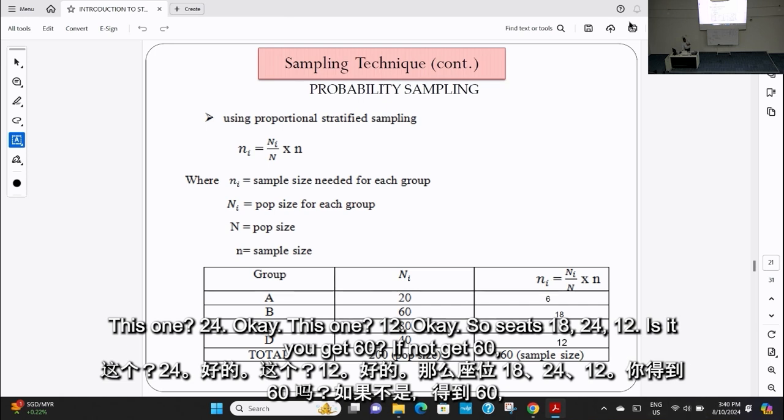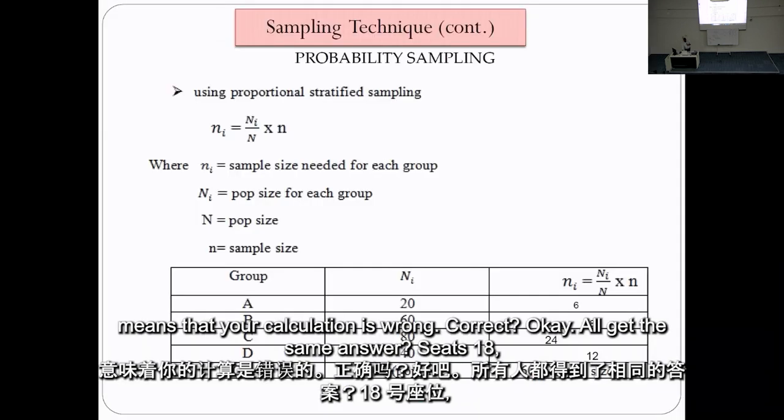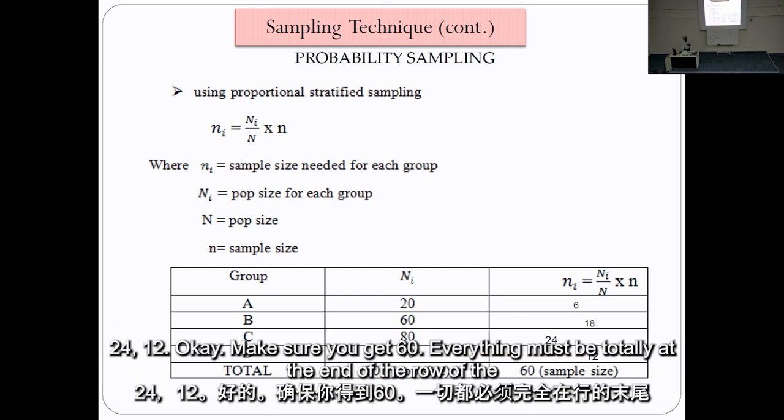Do you get 60? If not 60, it means that your calculation is wrong. All get the same answer? 6, 18, 24, 12.